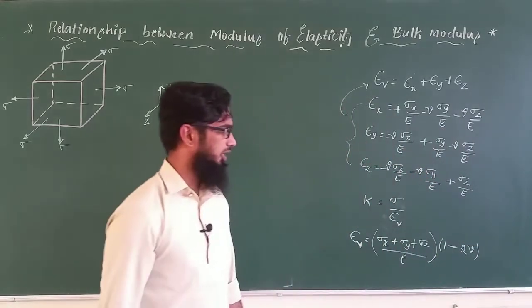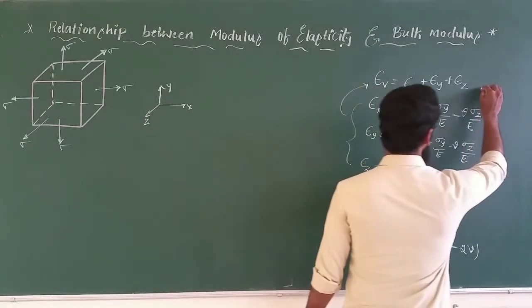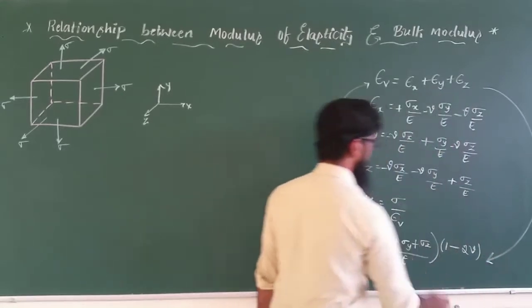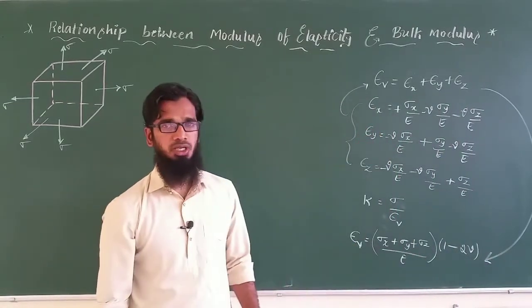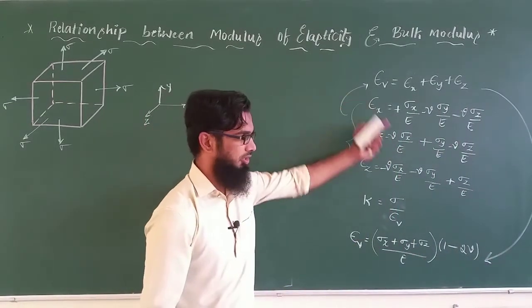This is the equation we are getting after substituting epsilon x, epsilon y and epsilon z in this volumetric strain equation.